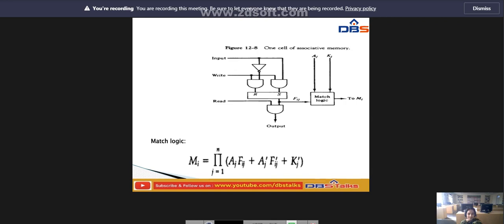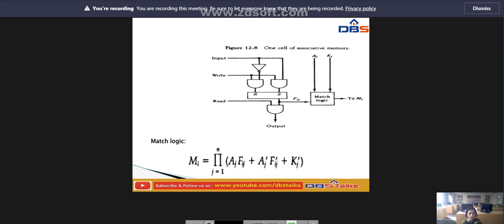If kj is equal to 0, the corresponding bits of aj and Fij need no comparison. If kj is equal to 1, they must be compared. This requirement is achieved by ORing each term with kj'. So xj + kj' is equal to xj if kj is equal to 1, and equal to 1 if kj is equal to 0.